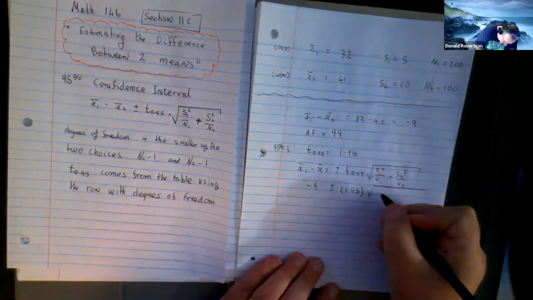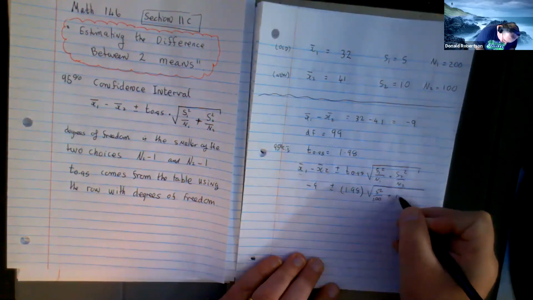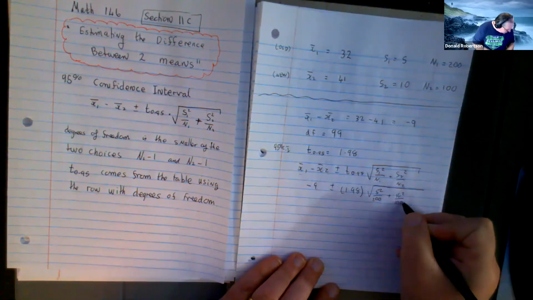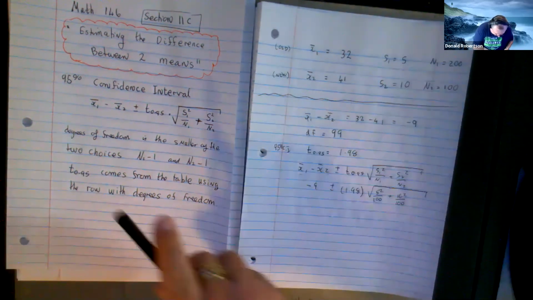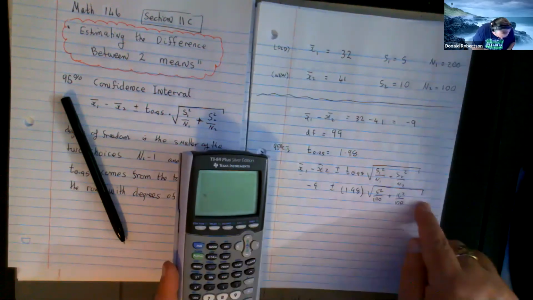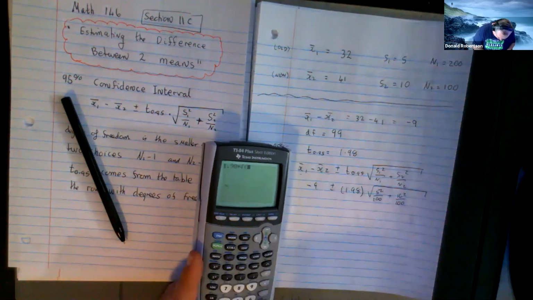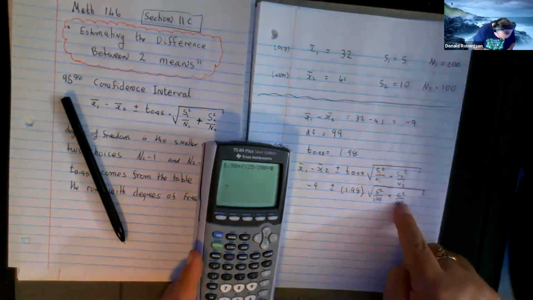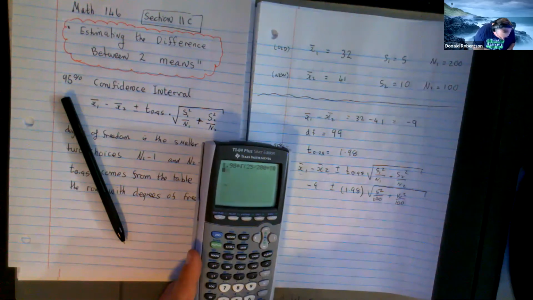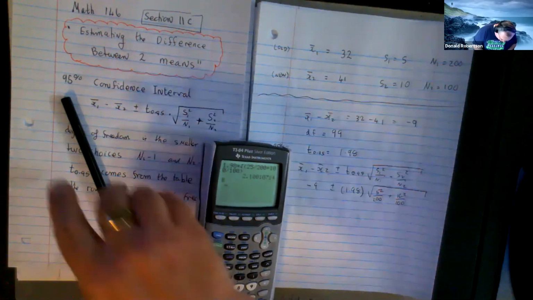So it's going to be 5 squared over 200 plus 10 squared over 100. So I'm going to do this piece here, hopefully. 1.98 times the square root of 25 divided by 200 plus 100 divided by 100. I'll just put it in because it's a calculation. And I am coming up with, let's call that 2.1.